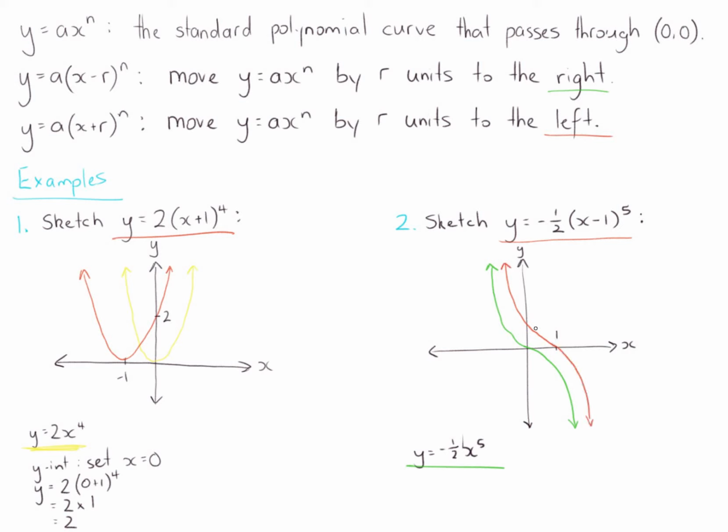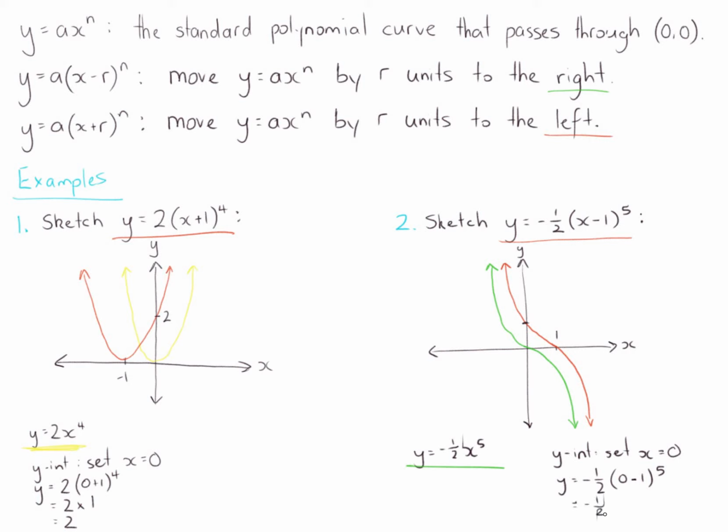Once again, we have a y-intercept to work out. So let's set x equal to 0 to find our y-intercept. Remember, we are substituting x equals 0 into our original equation. Instead of x minus 1, let's make it 0 minus 1 to the 5th power.